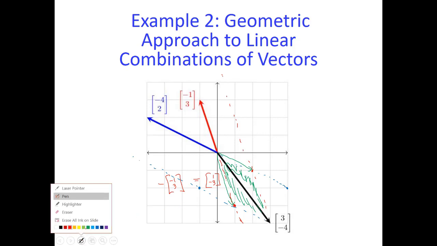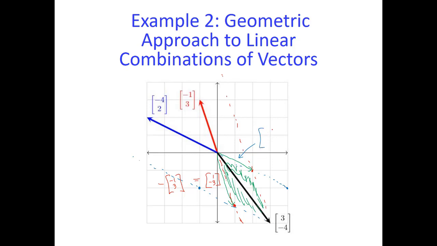For the blue direction, we're looking at this vector right here, and we see that it is the opposite direction, but it's actually half as long. So we're going to take -1/2 of -4, 2. And so that's the vector 2, -1.